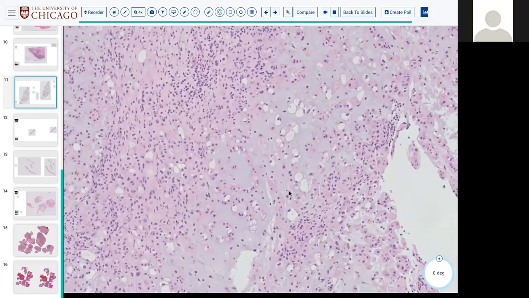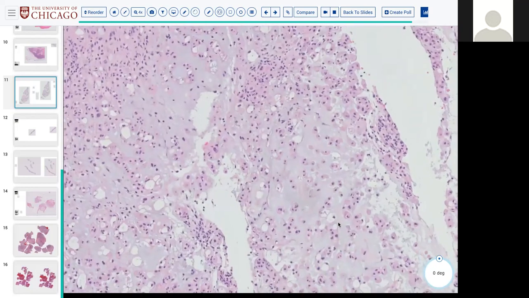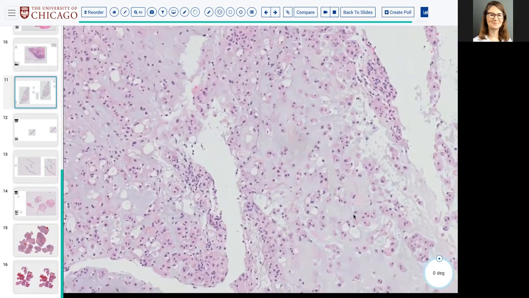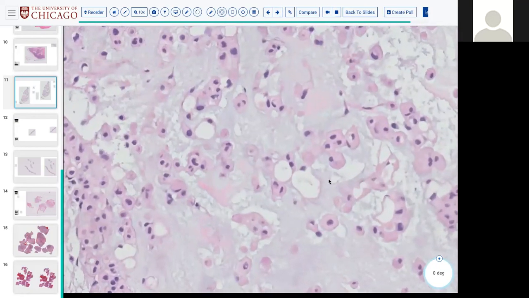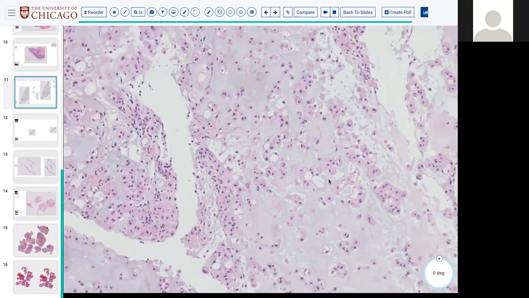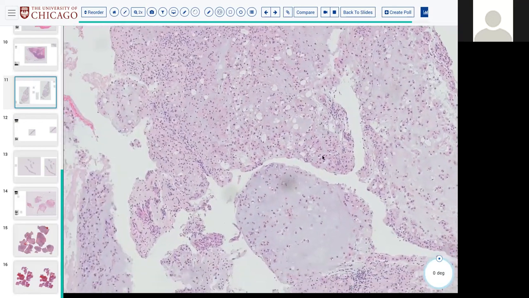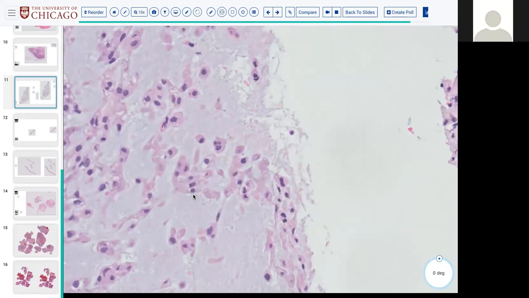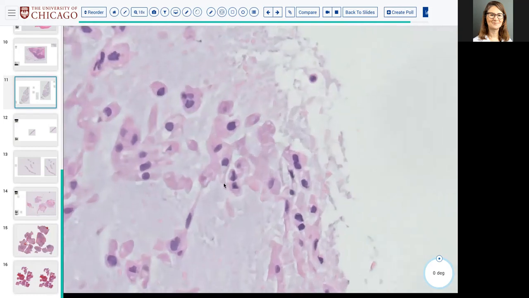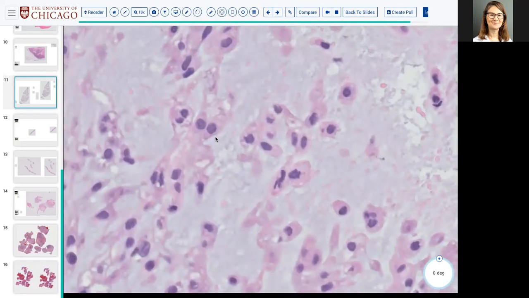It also has a very myxoid looking background, with the same kind of floating cells that you see in myoepithelioma. I don't know if the cells look exactly the same, but it's definitely reminiscent of that. And what might these cells have that those other cells didn't have quite as much of?